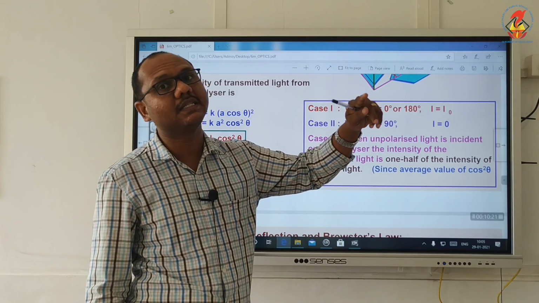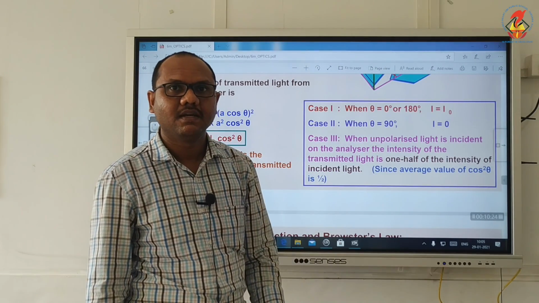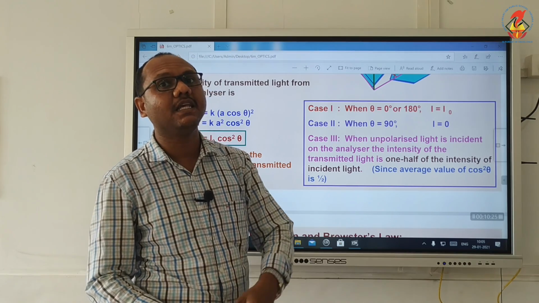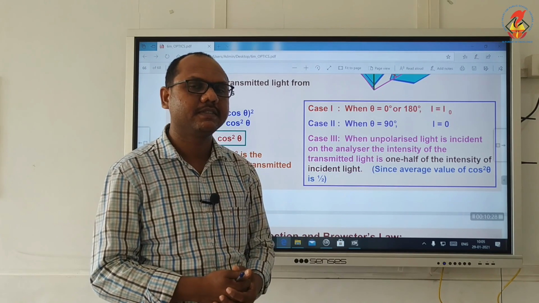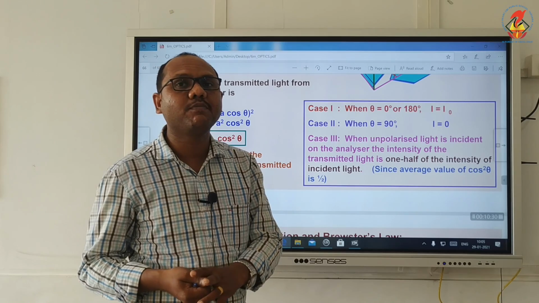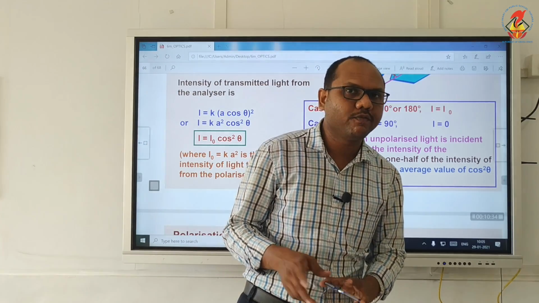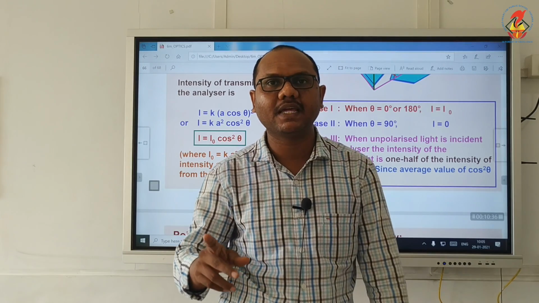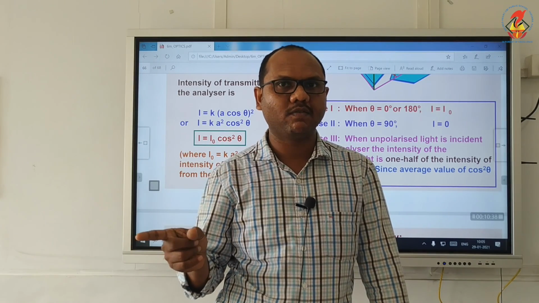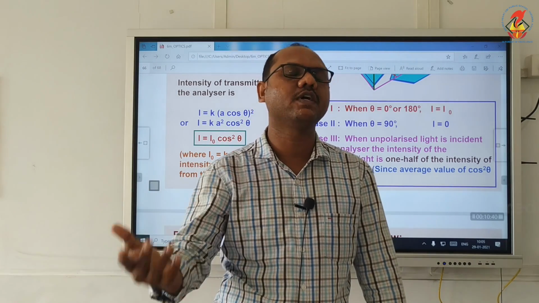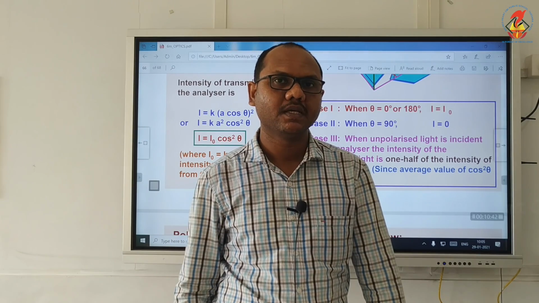When the analyzer and polarizer are kept at an angle of 45 degrees. Because when both of them are at an angle of 45 degrees, cos 45 is 1 by root 2, cos square 45 is 1 by 2.